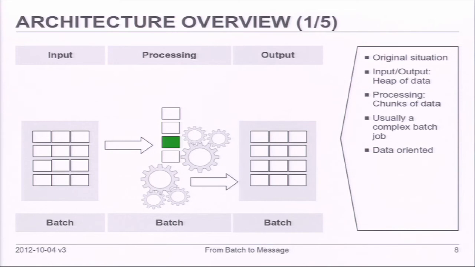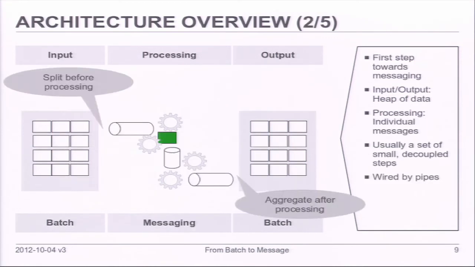We have a large amount of input, large amount of output, and processing done in chunks, usually through complex batch jobs that do all kinds of things. They process the data, they acquire additional data that is required for the processing, and finally they generate the output. So we have batch input, heap of data, batch output, and the processing in those chunks.